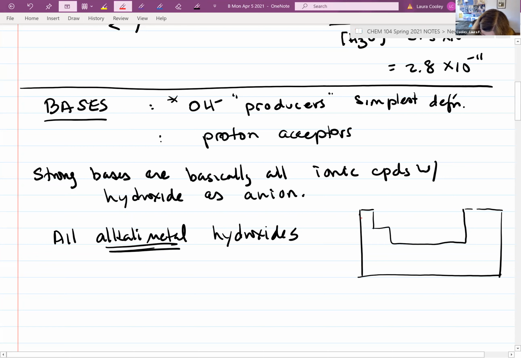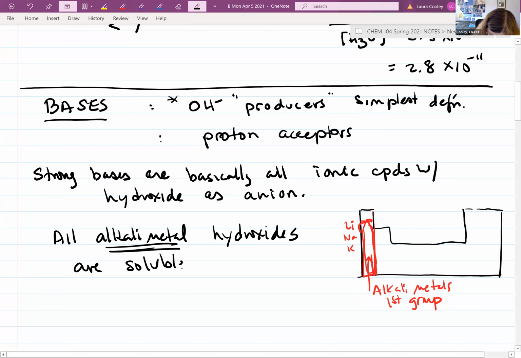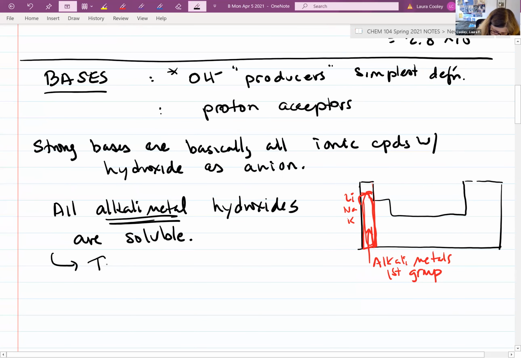This group here, the first group, except for hydrogen up there, these are starting with lithium, sodium, potassium. These are the alkali metals. They're the first group. And all alkali metal hydroxides are soluble. And so these are strong bases. So sodium hydroxide is a solid.